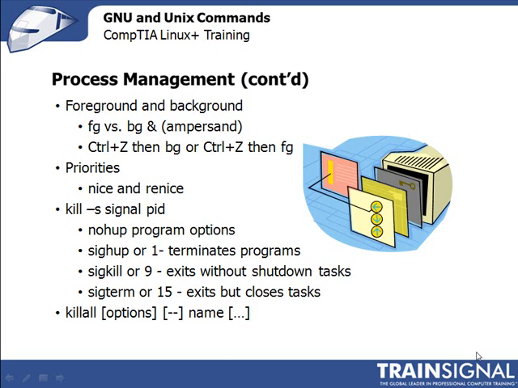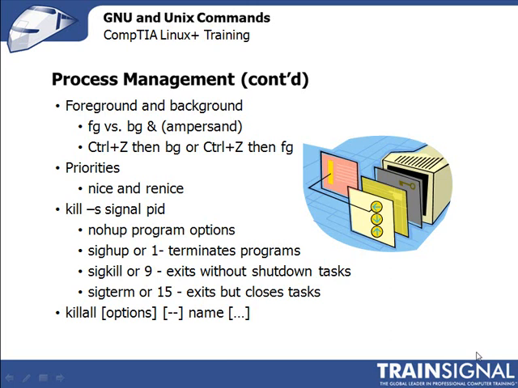If you want to kill a process altogether, you use the kill command. The syntax is kill space -s space signal followed by the process ID, where signal is a name or number. And those options are SIGHUP or number 1, which terminates the program. 9 or SIGKILL causes the process to exit without performing any of those shutdown tasks.